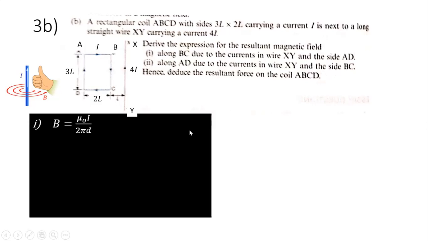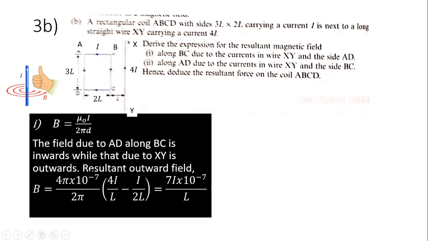So we are just memorizing this formula for the field due to a current carrying conductor. We are looking at BC due to XY and AD, and we are just using this rule to get the direction of the field.